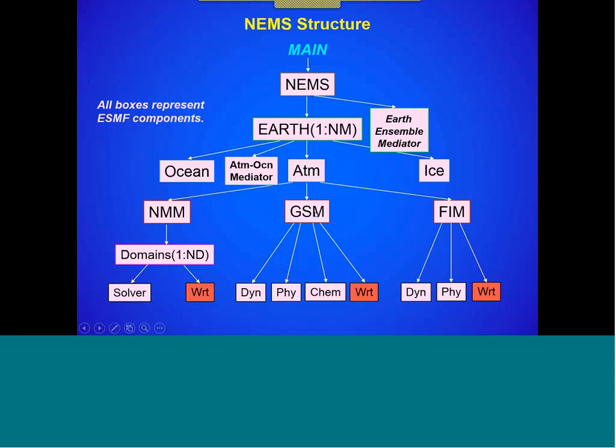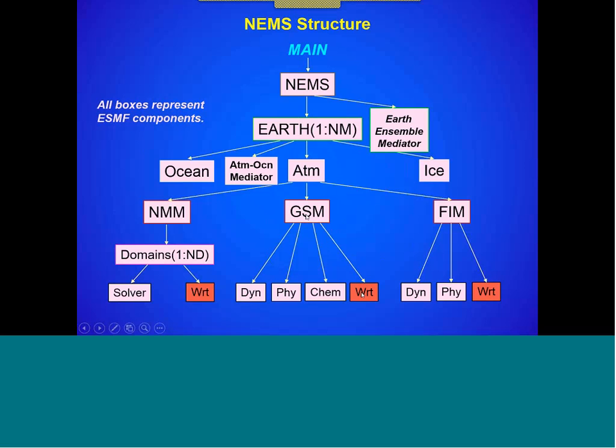These are, again, broken down into components, in different ways now, up to the model developer to figure out what they want to do. Looking at the GSM, for instance, it has a separate dynamics and physics component, plus a chemistry component, and then it calls the shared write component to do its I/O.